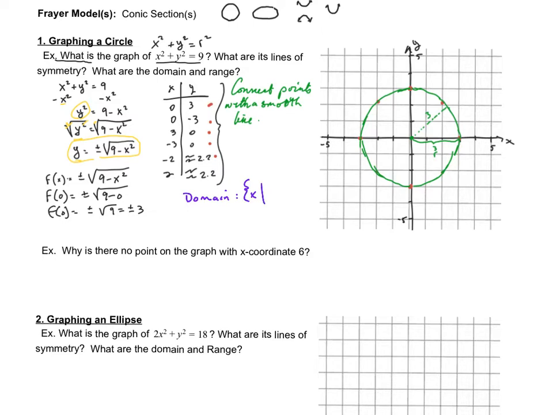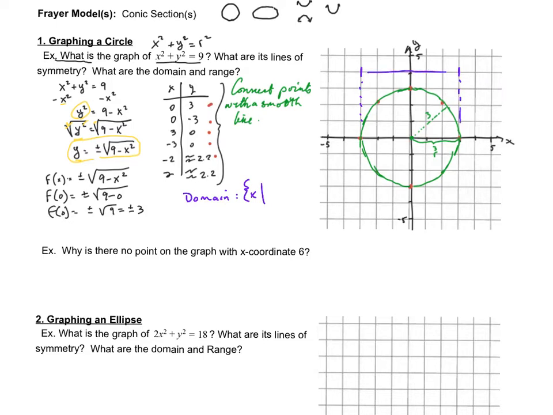Okay, and let's see, looking at my domain, this function extends along the x-axis from -3 to 3. This is where it extends.